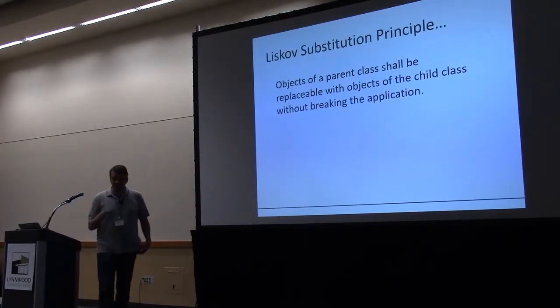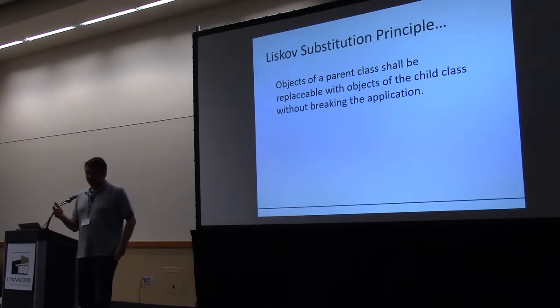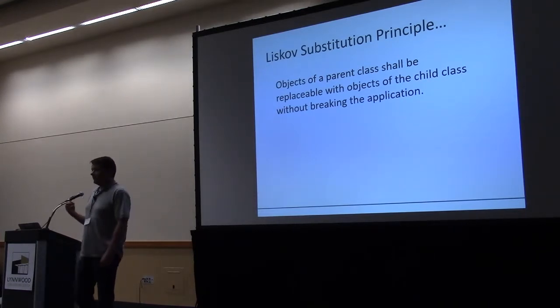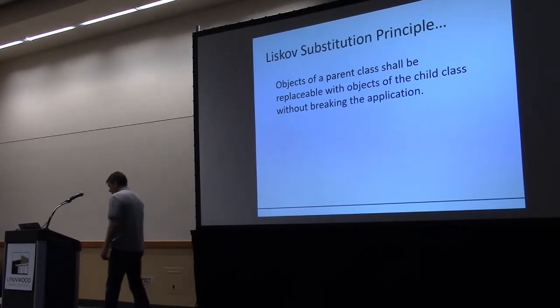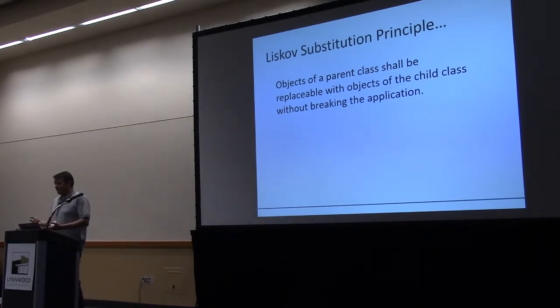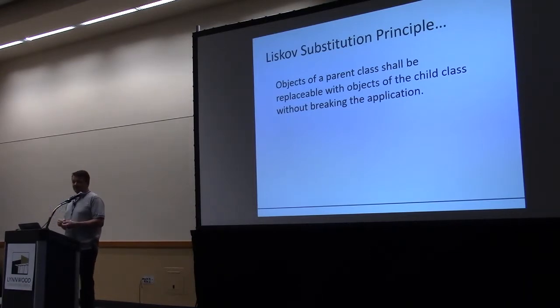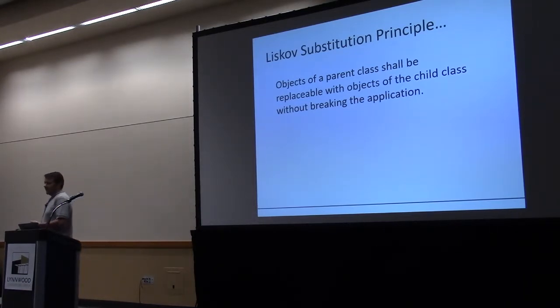That circle ellipse problem is an illustration of a violation of what's known as the Liskov substitution principle. The Liskov substitution principle applies to inheritance and helps instruct you on when inheritance is a good idea and when it is not. The fundamental idea behind it is any child class you create should be able to replace a parent class on your block diagram, and everything will still work.